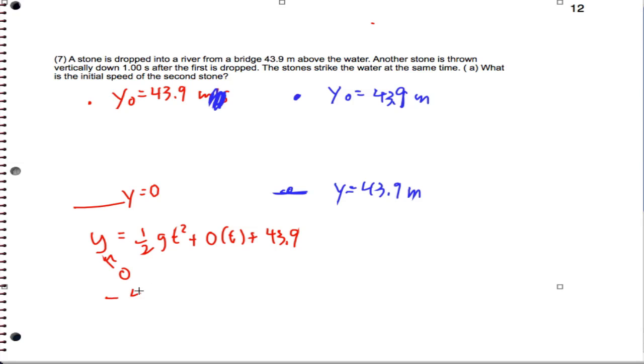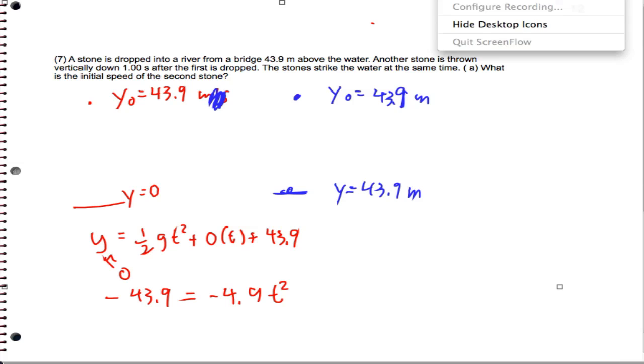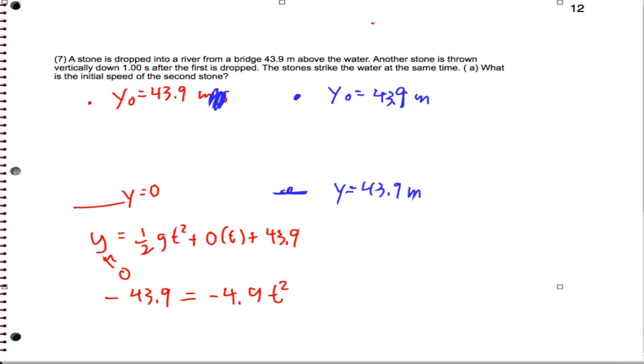So I get negative 43.9 equals negative 4.9 times t squared. I can solve for t. I'm going to round a lot here. I get that t is about 3 seconds. So if it takes stone 1 3 seconds to hit the water, that means stone 2 takes 2 seconds.